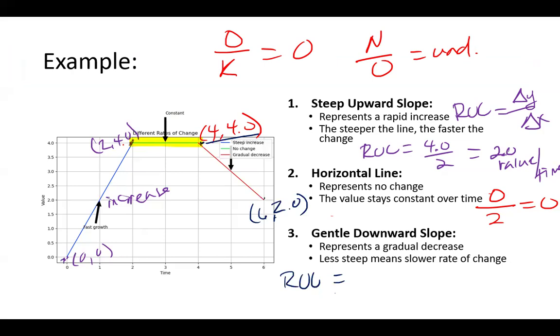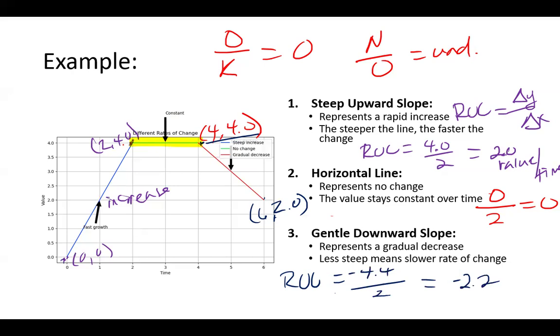So I went from 4.0 down to 0. I went down, right? So that's going to be a negative 4.0. And then I went to the right 2 units. So that's going to give me negative 2.0, negative 2.